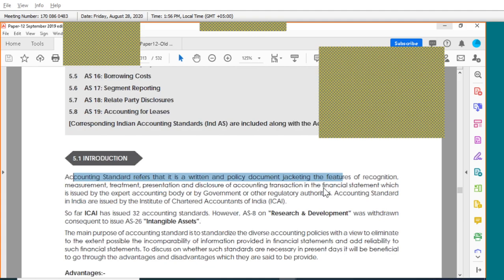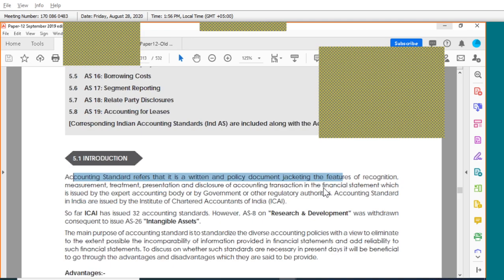Recognizing means not only identifying that particular transaction, the next step is recognizing it in the books of accounts. How to recognize, that is the next question. First recognition, next question is how to recognize. Okay, that we will discuss.